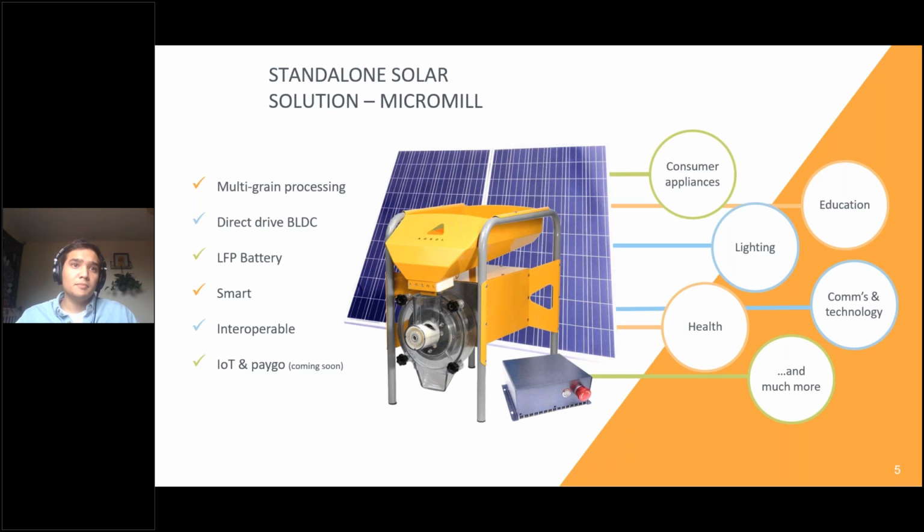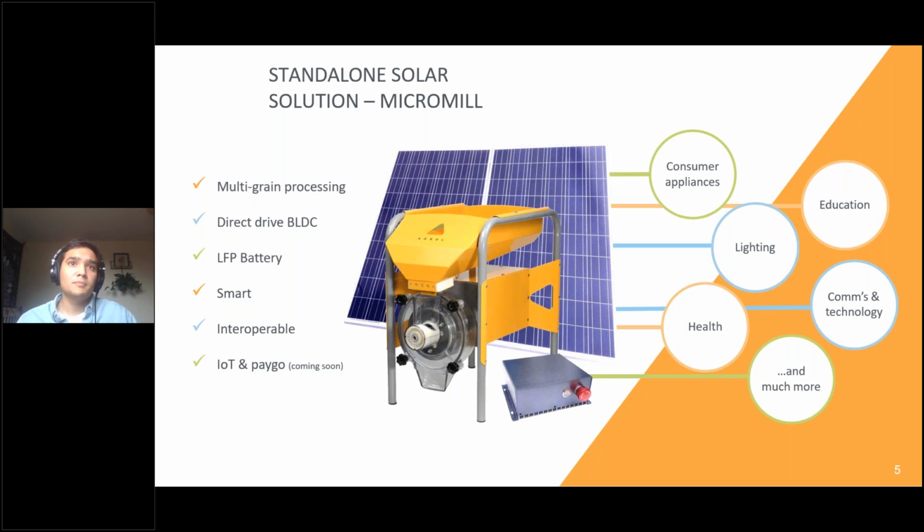But this is our current product that we're piloting in Kenya and Uganda at the moment. This is version 1.0 of our new micro mill, and it's designed for processing grains, whether they be maize, sorghum, millet. It can also do dried tubers like cassava.